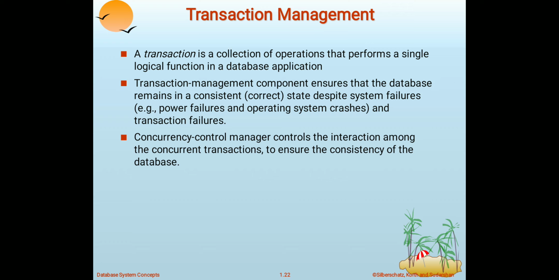Transaction management components ensure that the database remains in a consistent state despite system failures and transaction failures. Concurrency control manager controls the interaction among the concurrent transactions to ensure the consistency of the database.